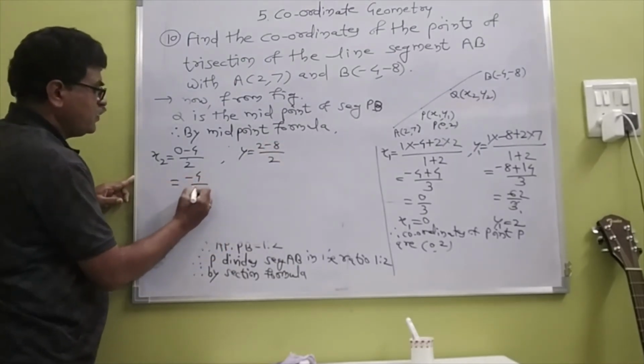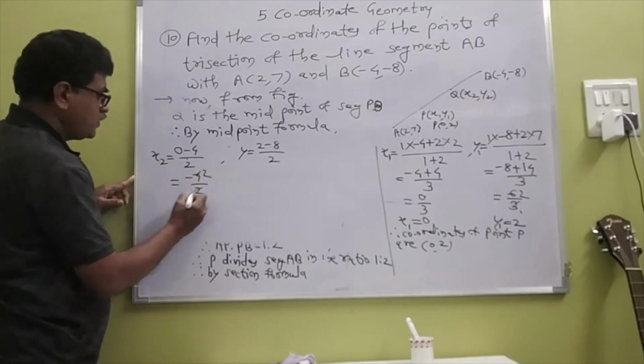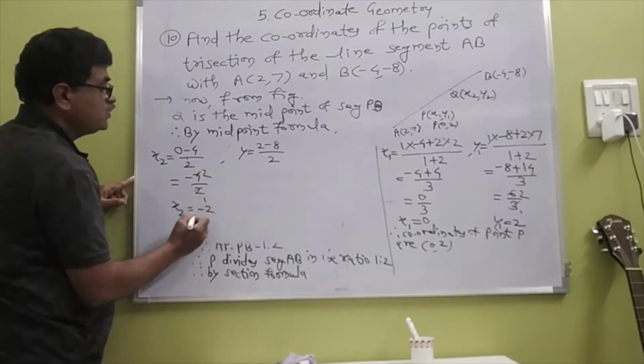That is minus 4 upon 2, dividing by 2, x2 is equal to minus 2.